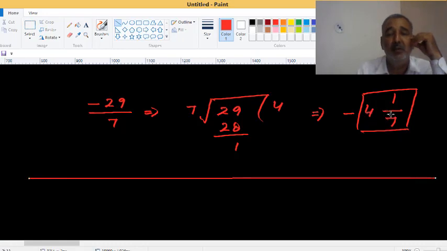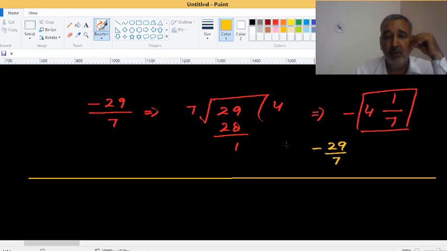Can you check between which two numbers it lies? This is very important. Check it. Minus 29 upon 7. I am writing my earlier number in p upon q form here.